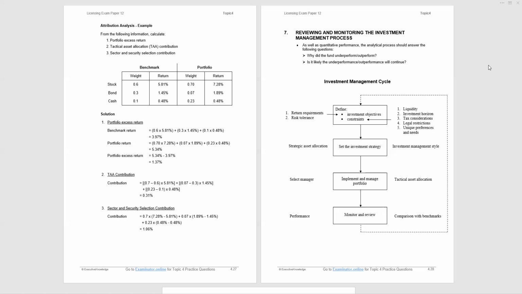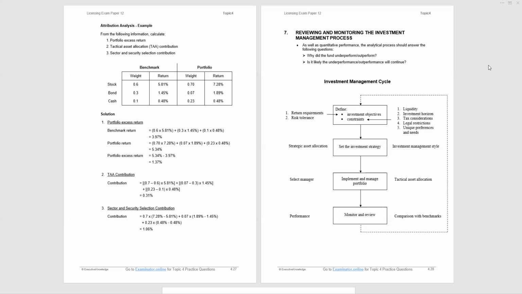So what's the overall portfolio excess return? The way we do this is calculate the benchmark return and then calculate the portfolio return, so it's a weighted average. We take 0.6 multiplied by 5.81 plus 0.3 multiplied by 1.45, going down the benchmark weight and return combinations, and cash 0.1 multiplied by 0.48. Performing the calculation, we get a benchmark return average of 3.97.